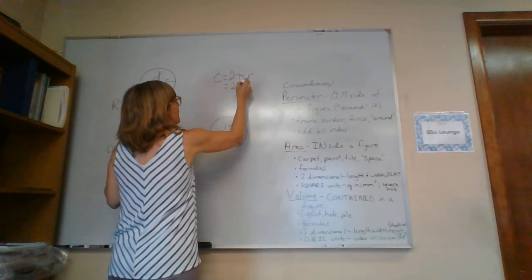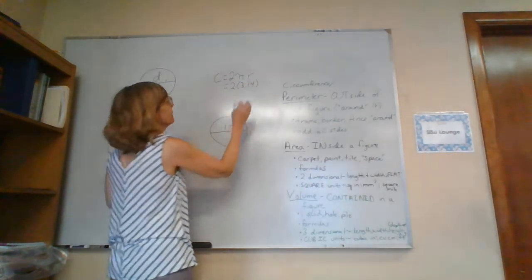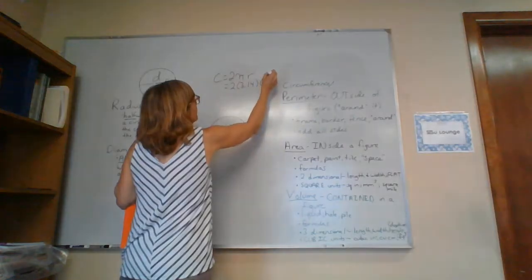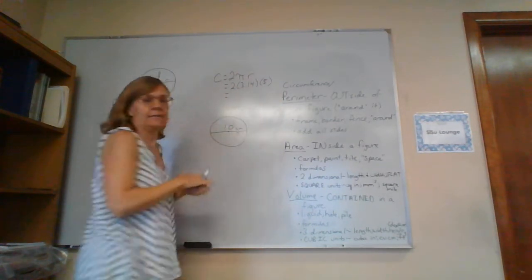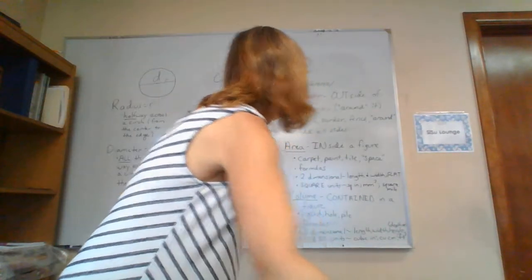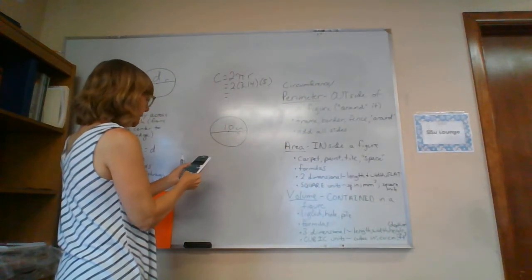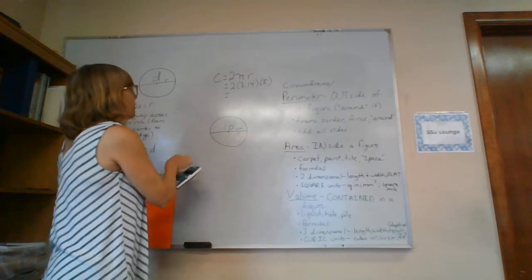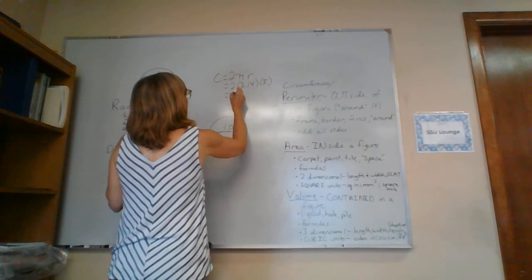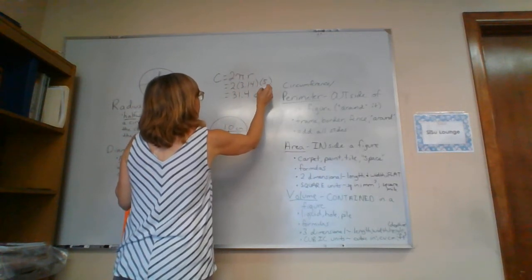So 2 times 3.14, I would look on this circle, and I'd say, hey, it has a radius of 5. 2 times 3.14 times 5, I get my calculator out, and I would do 2 times 3.14 times 5, 31.4. So the circumference of this is 31.4 centimeters.